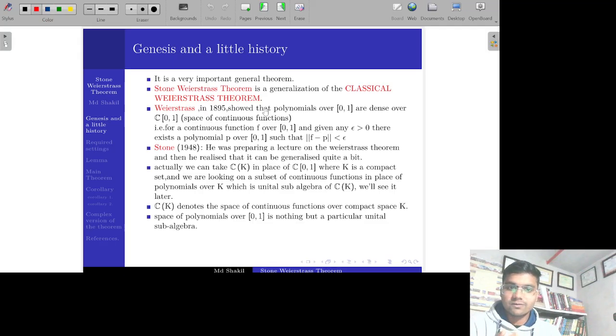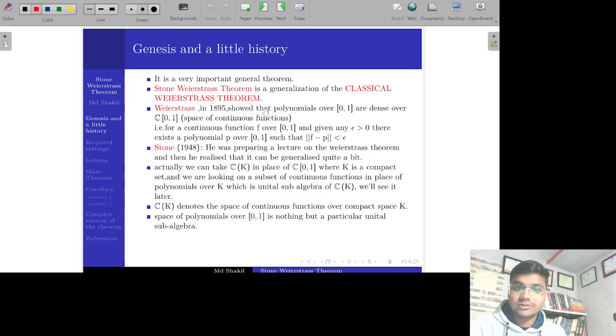But after nearly half a century, in 1948, another mathematician came, Stone. Actually, he was preparing a lecture note on the Weierstrass theorem, and then he realized that this theorem can be generalized.